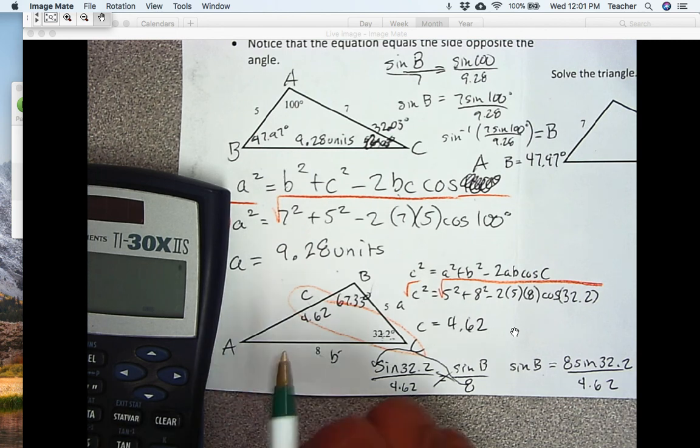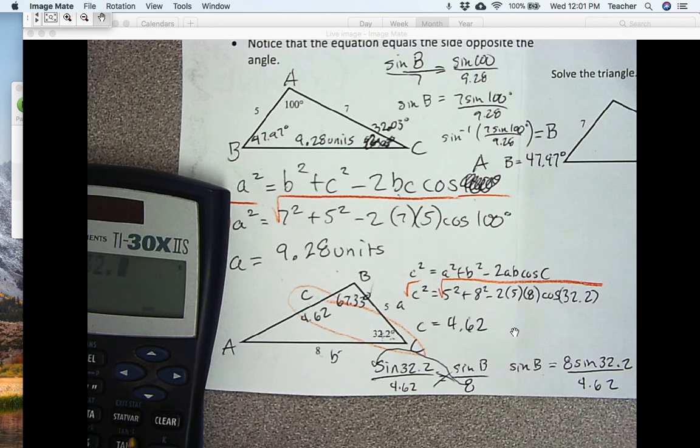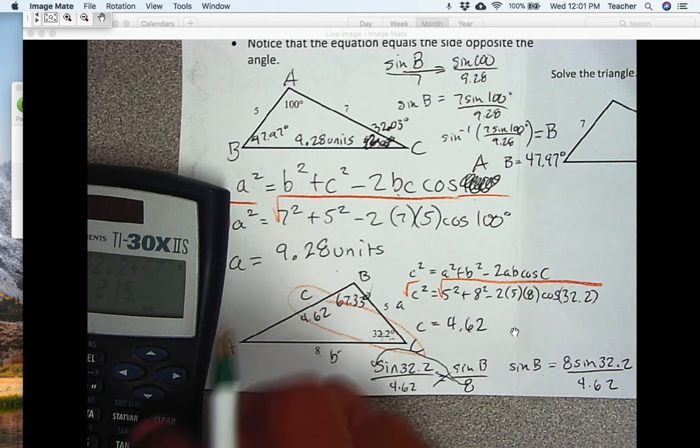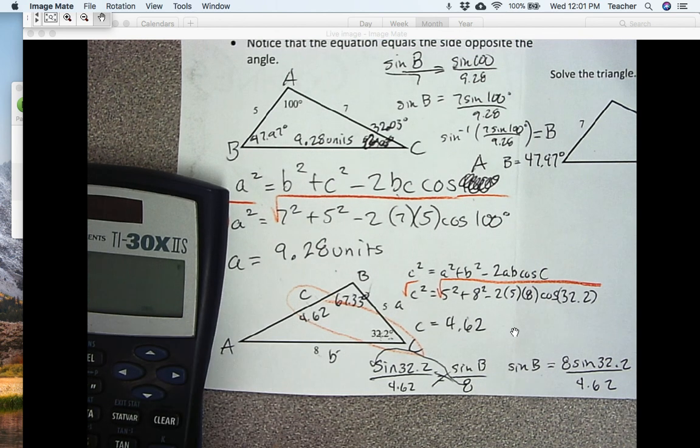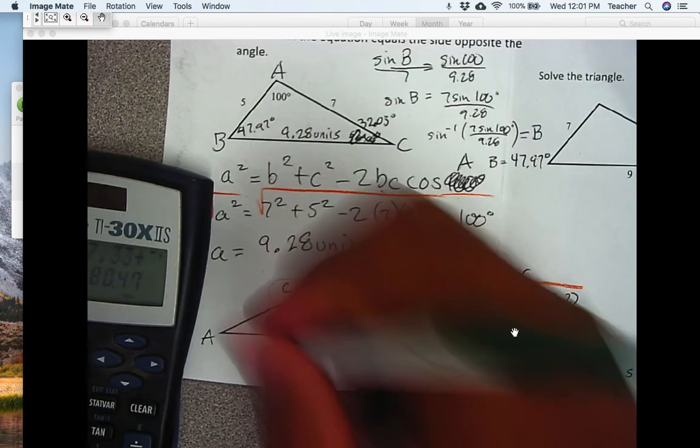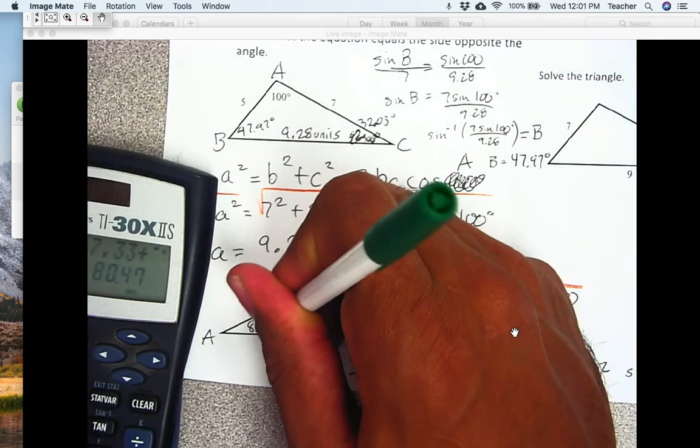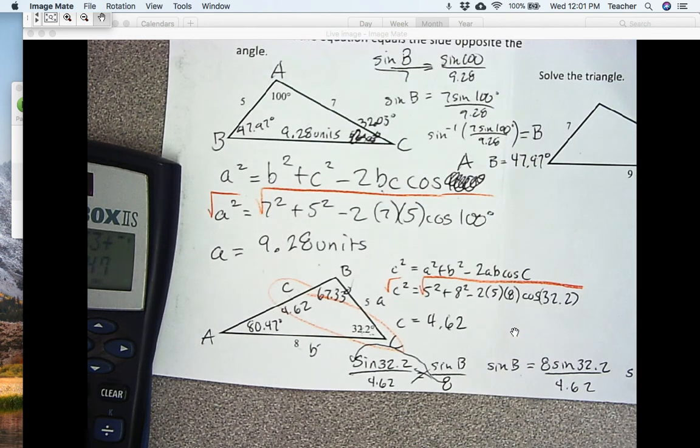So 180 minus 32 plus 67.3. Actually, no. We want to look at that a little differently. I'm going to do 180 minus the sum of those two angles, so I'm going to close that in parentheses like so. There we go, 80.47 degrees. Now we've completely solved the triangle.